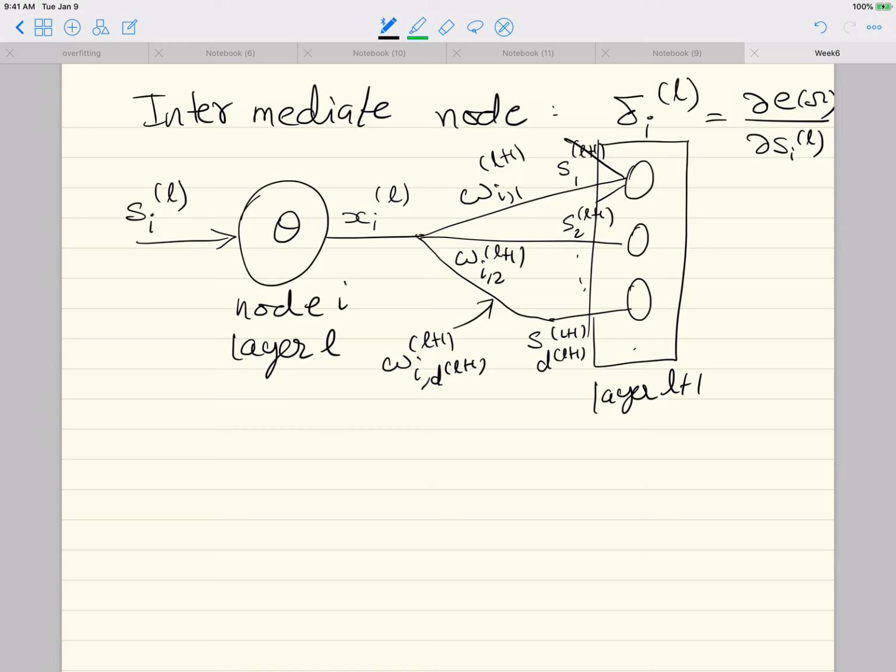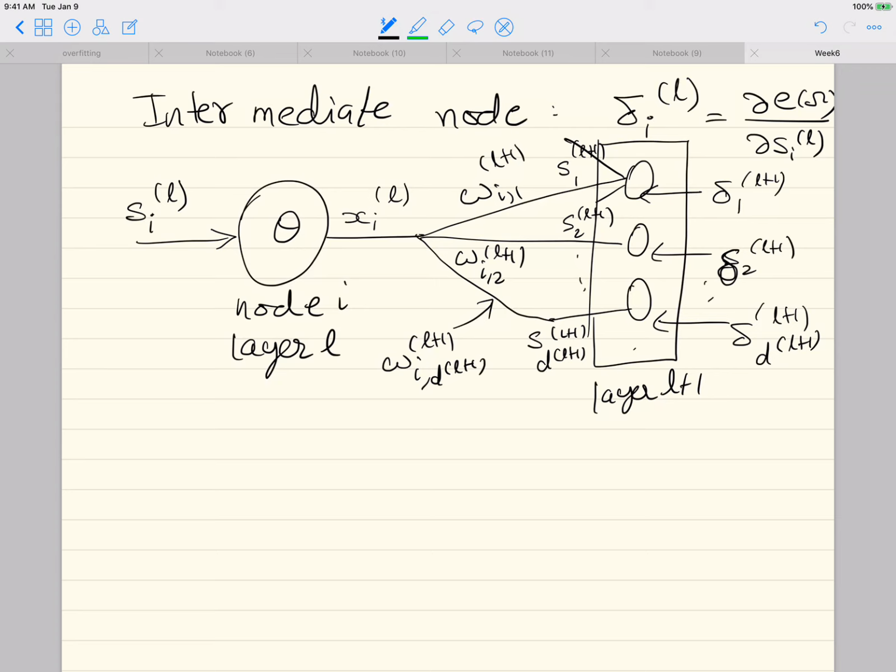Now what we will do is we will assume that we have access to the backward messages in layer l plus 1. So we'll assume that we have access to all the backward messages.